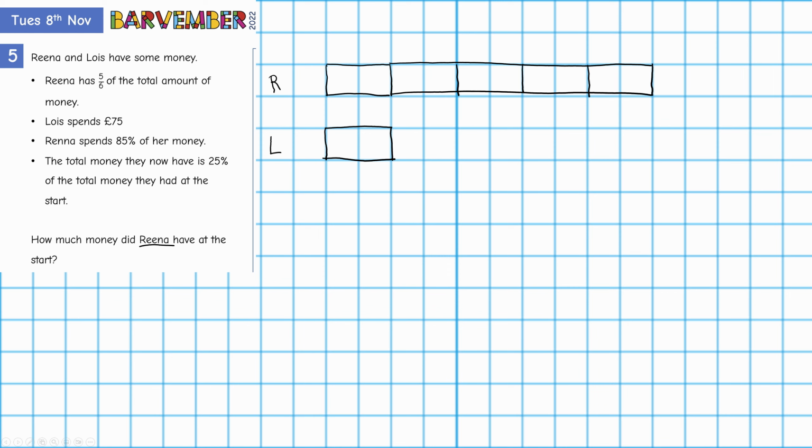What I'm going to do is divide them up because I want to be able to show 85%. So we're going to first, now this would give me 10 parts. Okay, so if it was 80%, I would just leave it at that, but it's 85%.